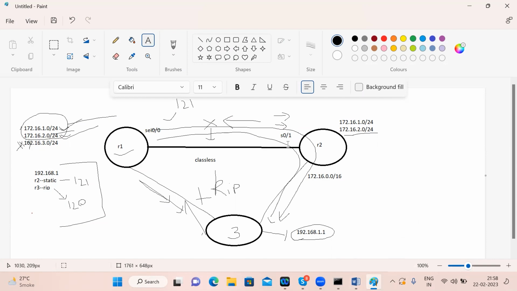If you are defining the IP address, then you have to define the next hop, which means your neighbor router's IP address. But if you define the interface, your serial interface name, you have to define your own exit interface name.